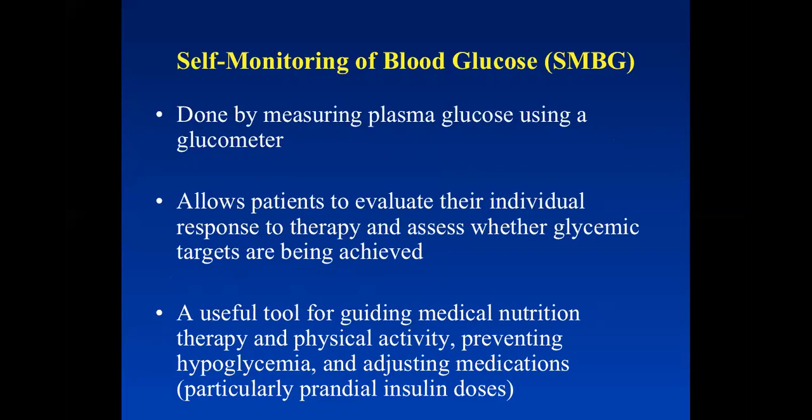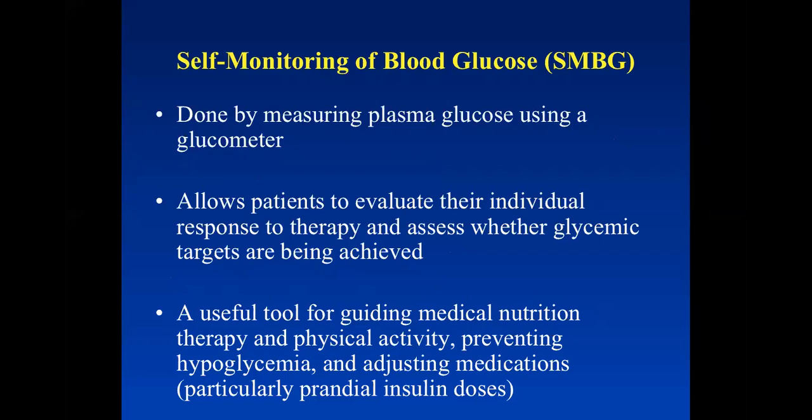Now a little bit on self-monitoring of blood glucose. When you diagnose a patient with diabetes and put them on treatment, you frequently ask them to monitor their glucose level at home using glucometers, because glucose levels frequently change with diet, exercise and changes in lifestyle.